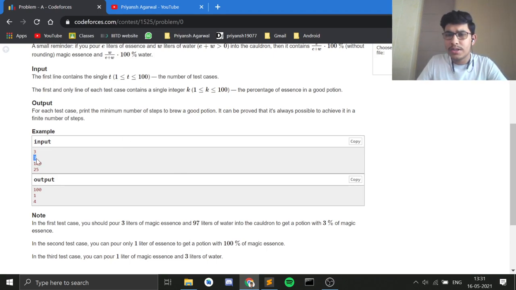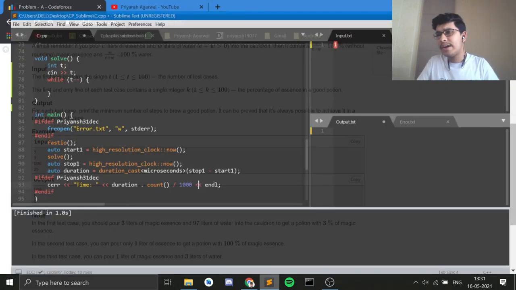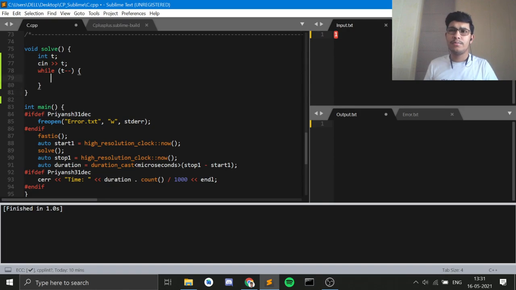So if they want 3%, I guess I can just divide 100 by the GCD of both of these.